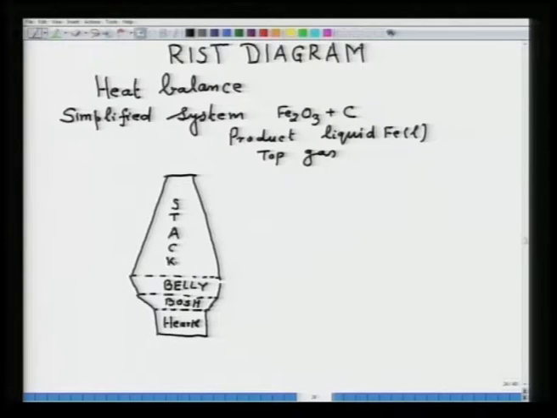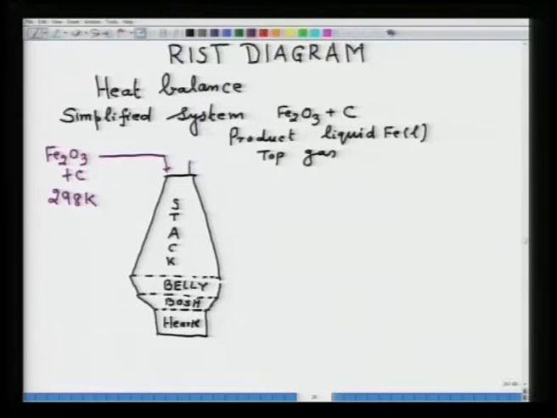So, for our heat balance, on the top we are charging Fe2O3 plus carbon, of which we already did material balance and arrived at an equation. The temperature we are considering is 298 Kelvin, because for heat balance the temperatures of heat input and heat output are important.